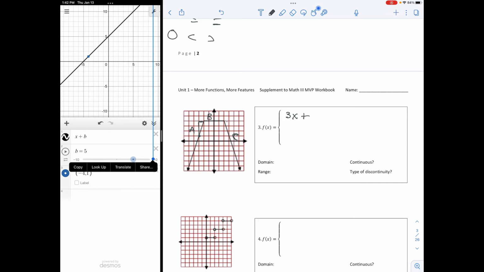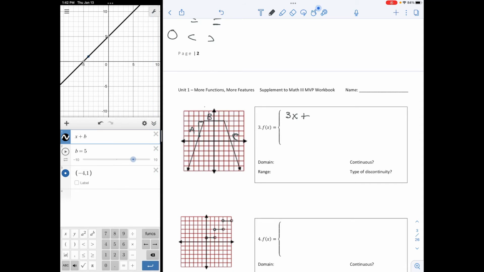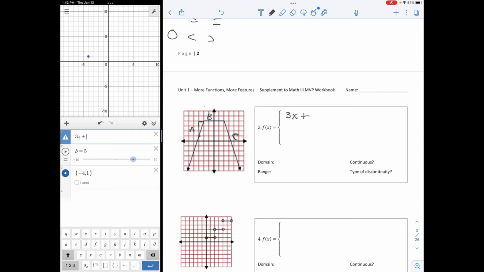Now, I don't know what b is, and it's a little bit more difficult to find because if I go 3 up 3 over 1, I'm off the graph. So let's use Desmos to find what our b is. So again, we're going to do 3x plus b. And we're going to find an ordered pair.